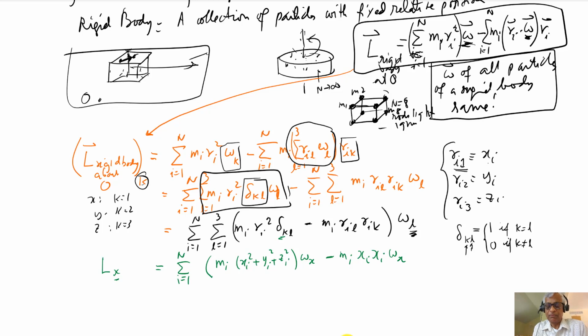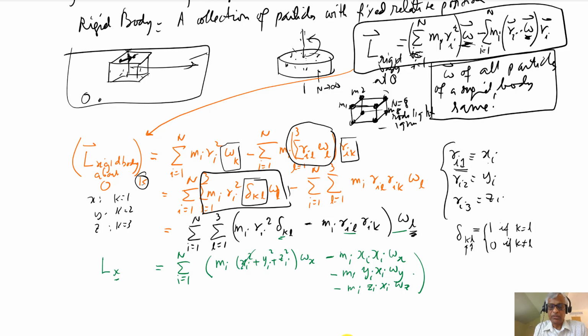But when l is another value, the term I'm going to get is mi, l is 2, k is still x, so I get yi xi omega y, because this index goes together, this goes with that, and then I'm going to get another term mi zi omega z.